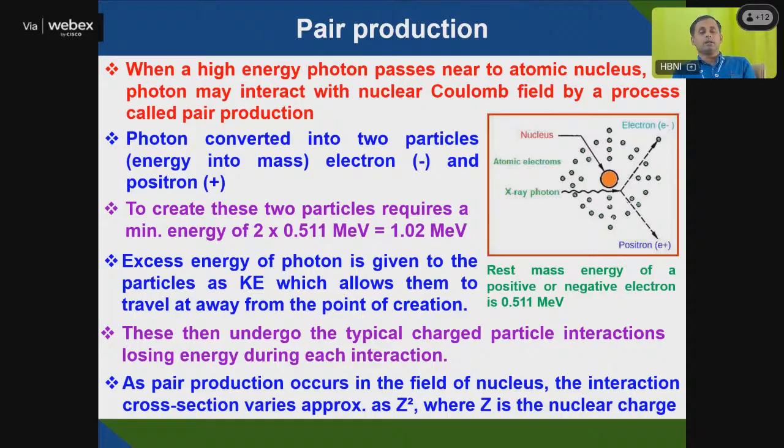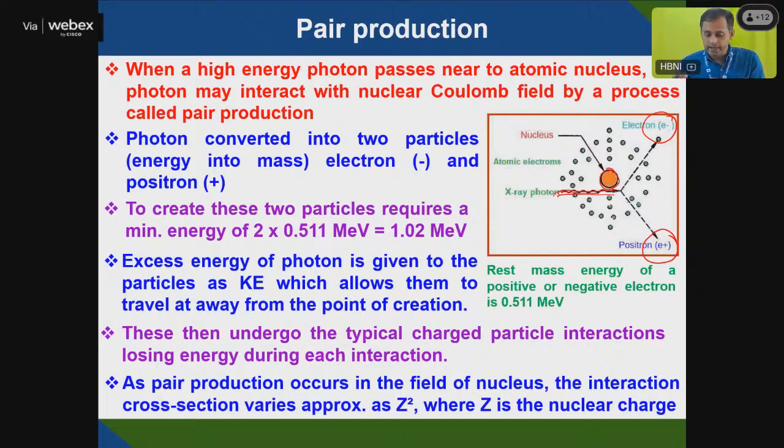In addition to the photoelectric effect, there is another phenomenon that occurs when an X-ray or gamma ray photon interacts with the material, that is pair production. The X-ray photon passes near the nucleus, and near the nucleus the photon is converted into two particles, an electron e minus and a positron e plus.